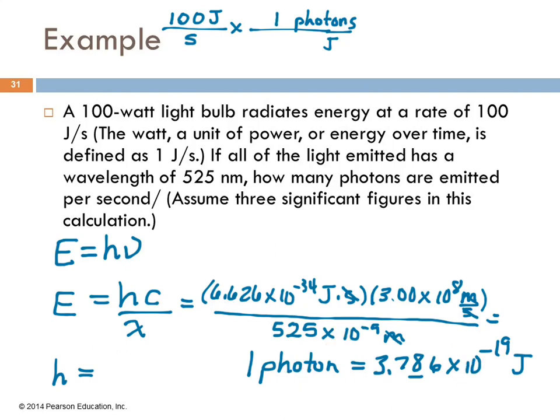It would be 1 photon per 3.786 times 10 to the minus 19 joules. And then the joules cancel out. And so we end up with, it's saying 3 sig figs, 2.64 times 10 to the 20th photons.